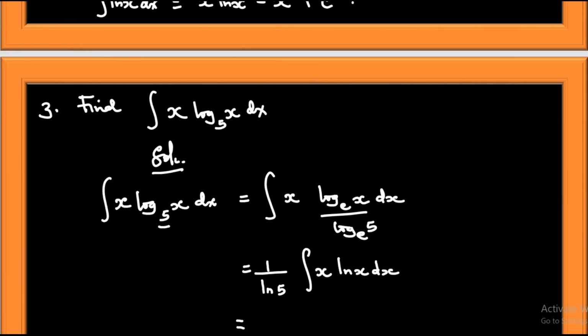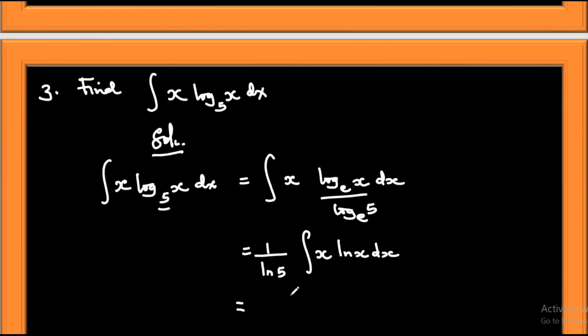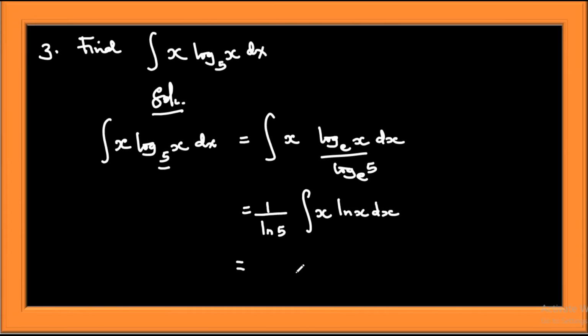Only that you keep in mind your constant, which is 1 over ln 5, and that constant must be multiplied by it. So I will say that my answer here is going to be 1 over ln 5. This integral was already done in question 1. So in brackets, we had x squared over 2 ln x, and then minus x squared over 4, or we can say a quarter x squared, and then plus a constant.